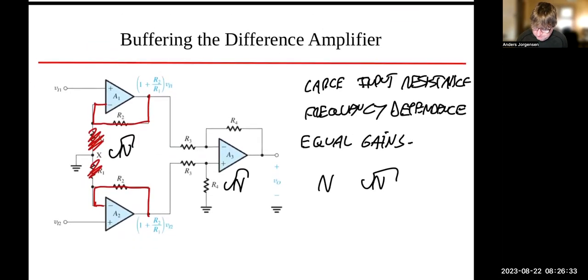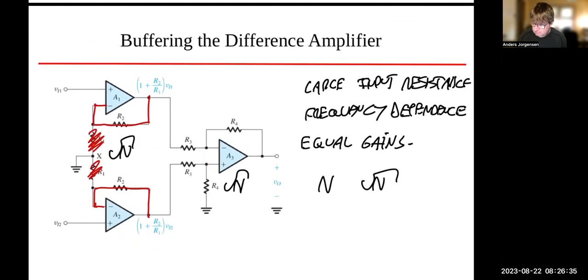Let's stay on this page. So if we then add in the resistor stages on this page here, and I'll do that by erasing my doodles like that.